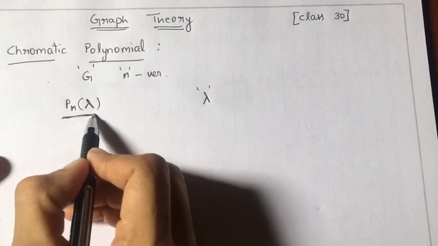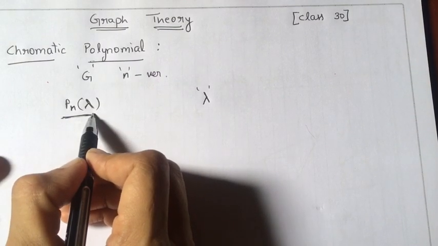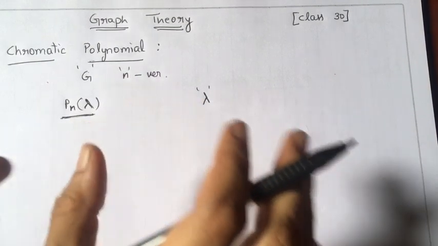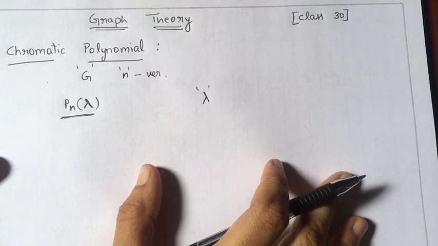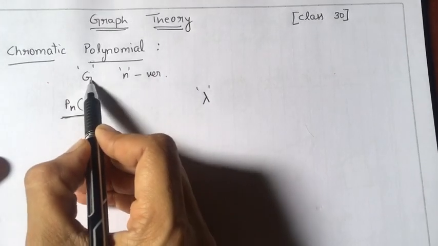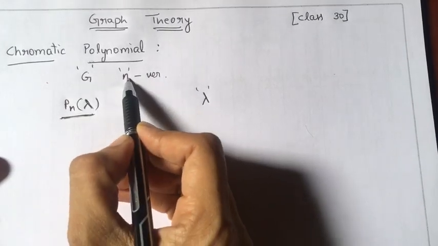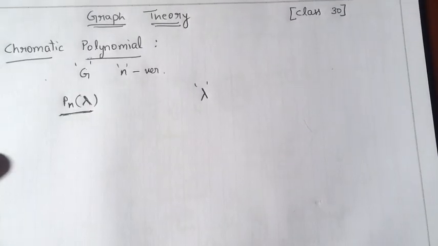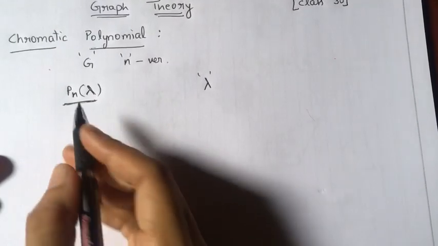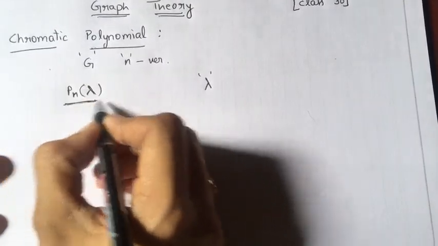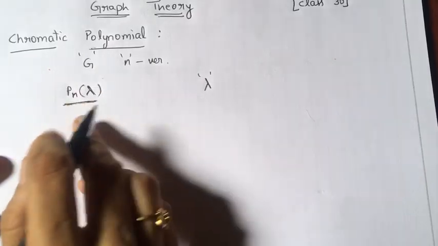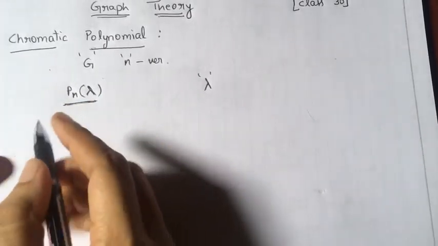The value of the chromatic polynomial gives me the number of different ways of properly coloring the graph G, which has n vertices. Now, how is the expression for Pn of lambda? Let us look at it.